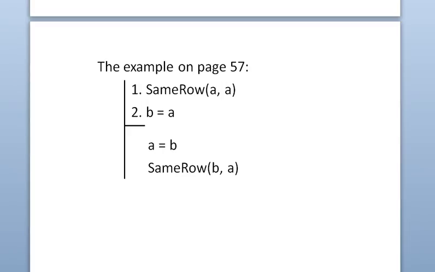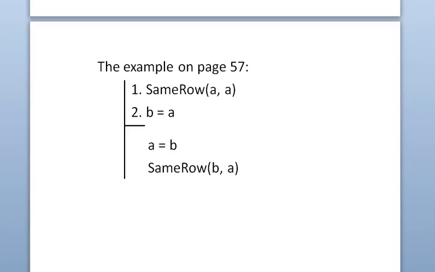The example on page 57, where line 1 is A and A are in the same row, which is always true. Everything is in the same row as itself. Second thing we're told is that B equals A. And what we want to get to is that B is in the same row as A. Now we know that that's going to be true, but we can't get to this last line, same row BA, directly from lines 1 and 2, because line 2 is in the wrong order.